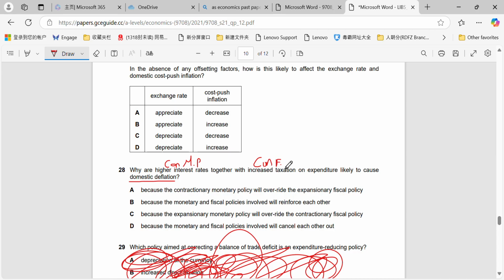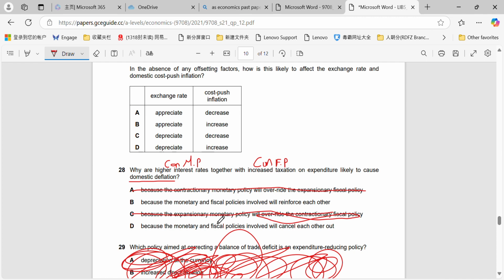Both designed to move AD to the left. So we can get rid of A, we can get rid of C, because the two of them mention expansionary policies, which they are not.